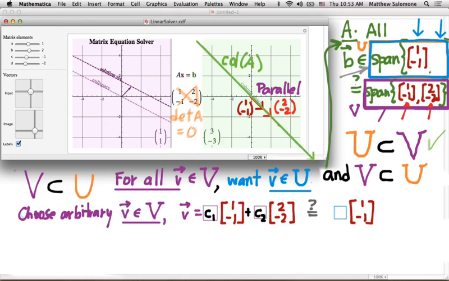Let's take that left-hand side there and multiply it out. Let's expand C1 times 1, negative 1 plus C2 times 2, negative 2. If I expand that out, I'm going to get 1 times C1 plus 2 times C2 in my first entry. And then in my second entry, I'm going to get negative 1 times C1 plus negative 2 times C2.